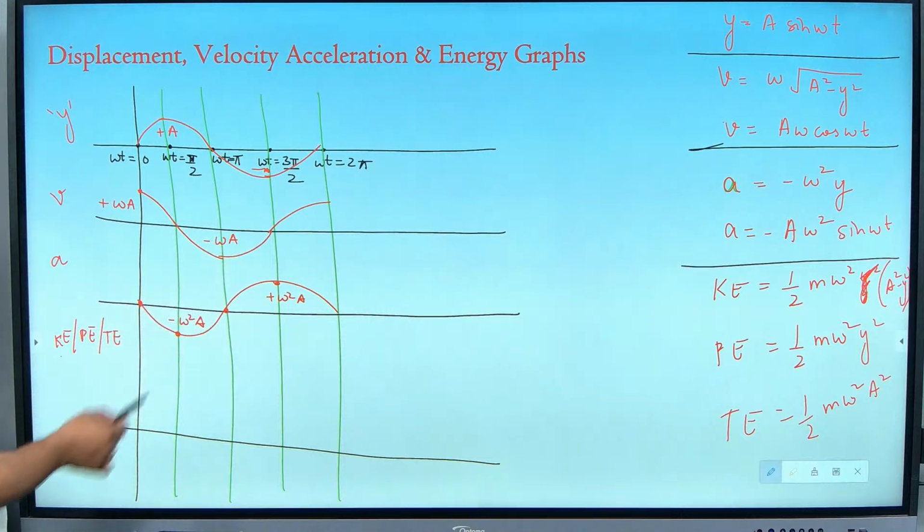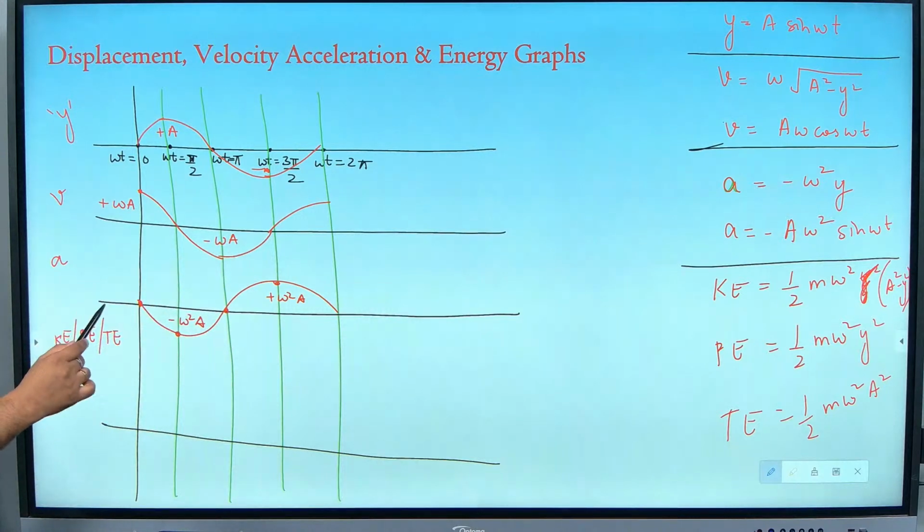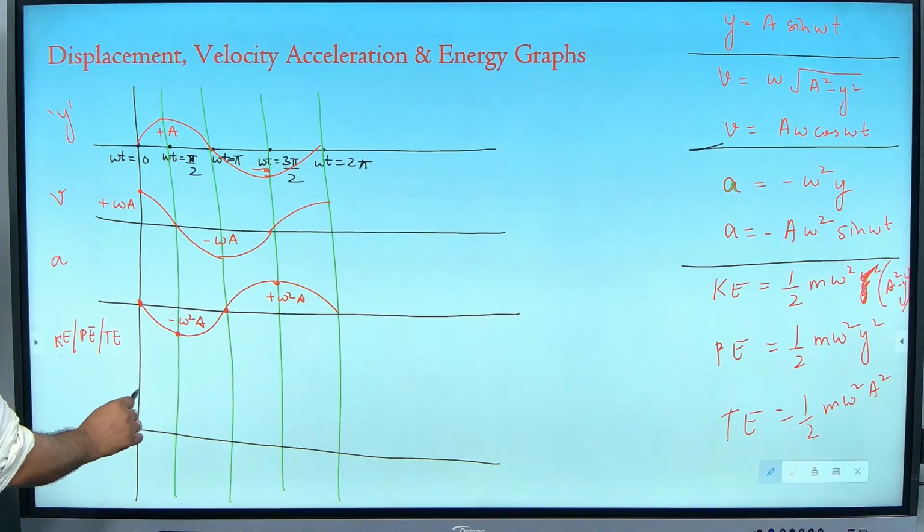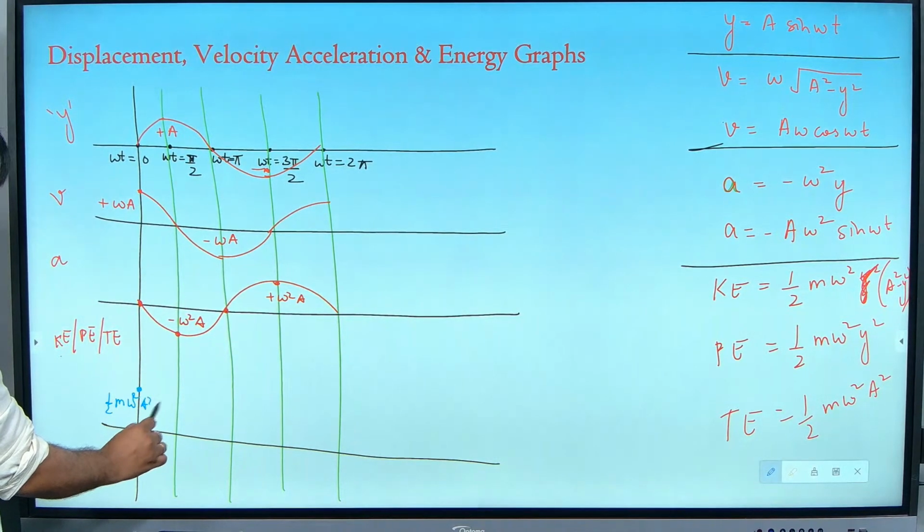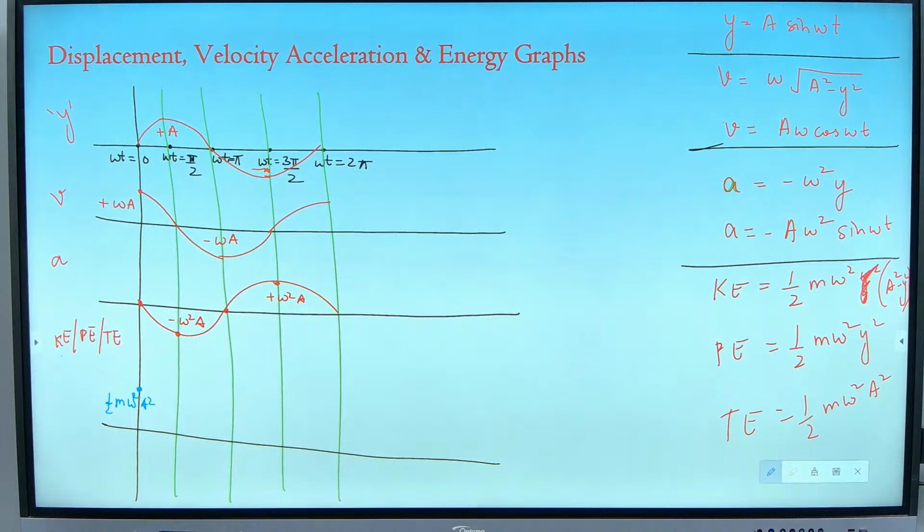Maximum. Not 1, half m omega square a square. So, its value is half m omega square a square. Then it will become 0. Omega t is pi, isn't it?